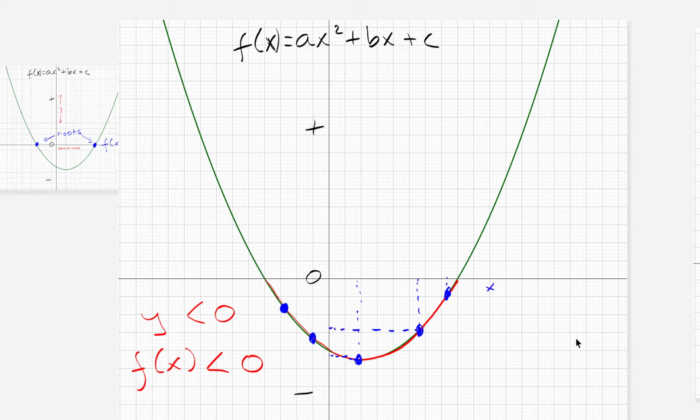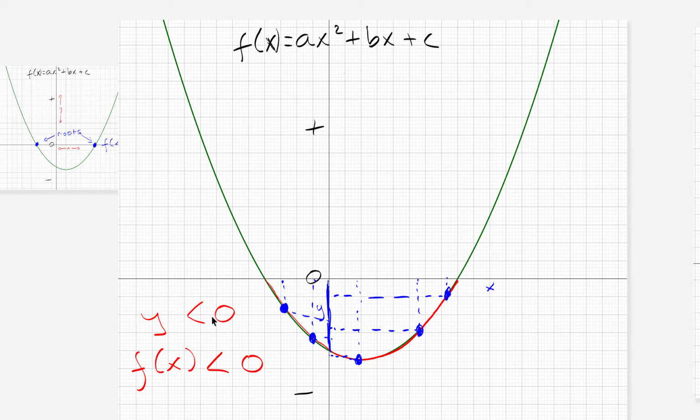So remember, we have our x values here and our y values here. If we look at the y values we mapped onto, these are all the y values that are less than 0.